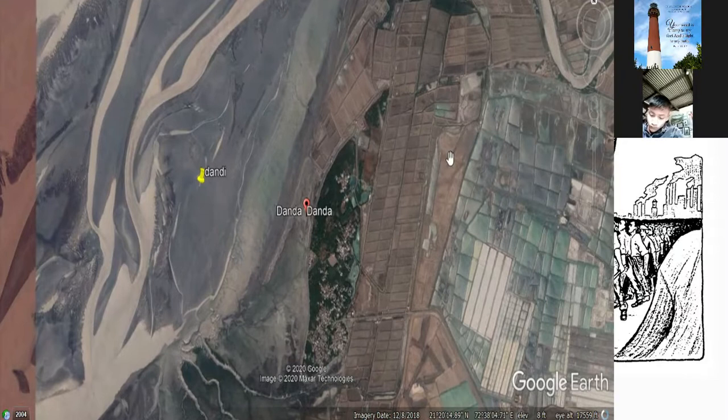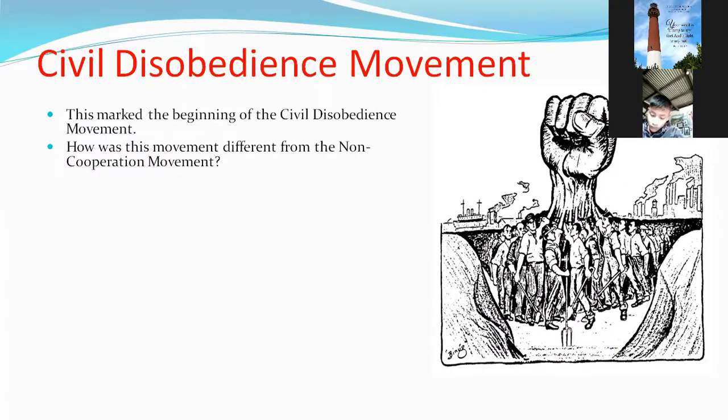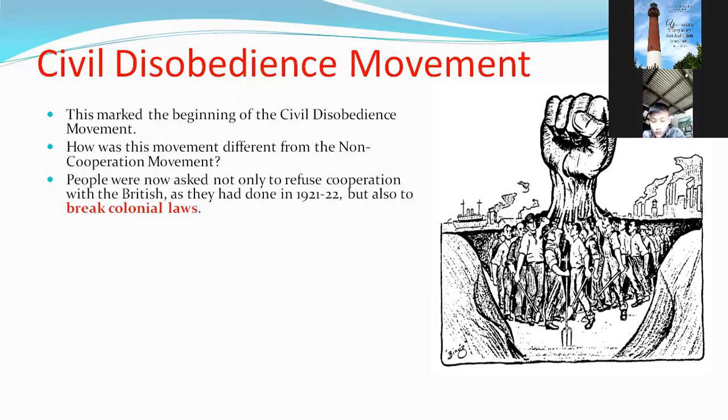The first important question is how was this civil disobedience movement different from the non-cooperation movement? Non-cooperation movement was successful, but Gandhi had called it off because people had gotten violent. They were getting out of control.